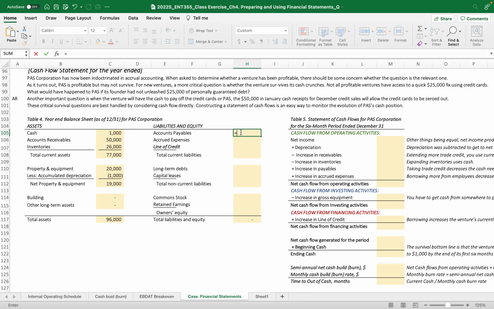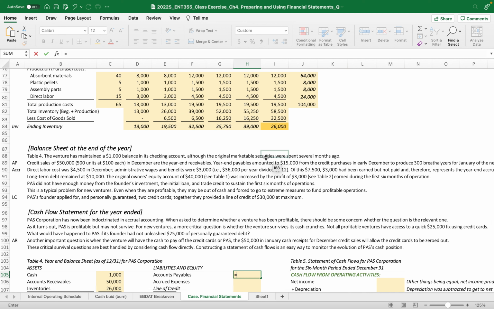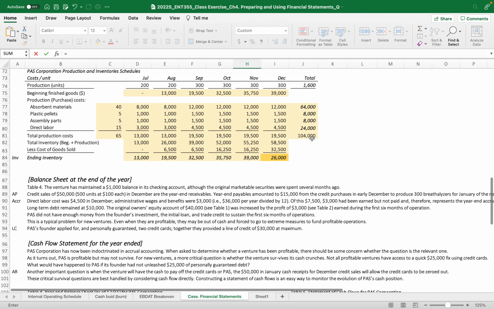Accounts payable. Where do you get the accounts payable? Accounts payable have information. There you go. Year-end payable amounted to 15,000 from the credit purchase in early December to produce 300 of the product.